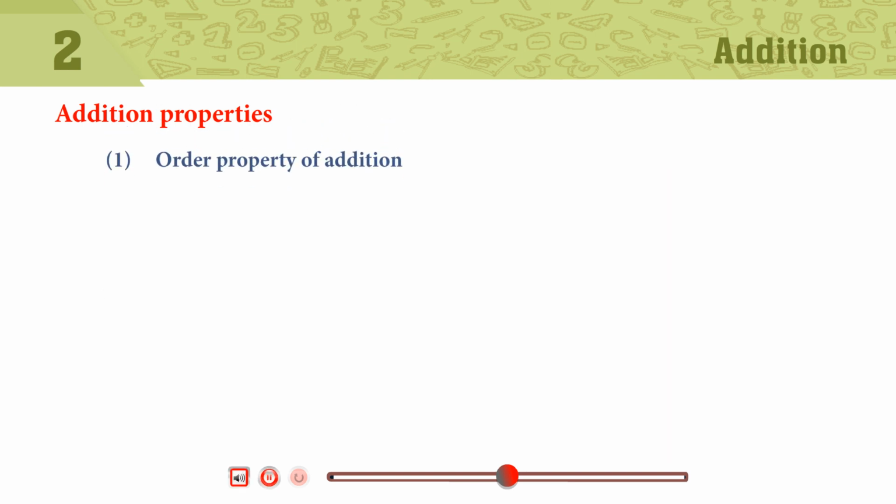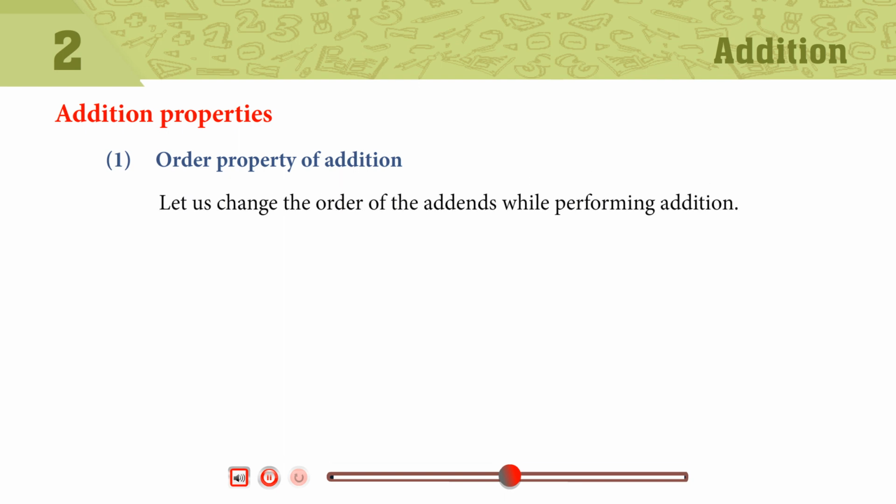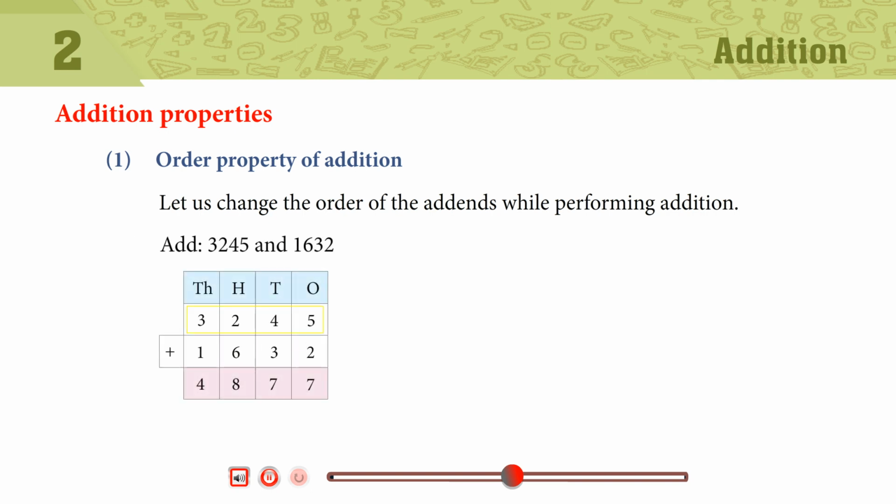Properties. 1. Order property of addition. Let us change the order of the addends while performing addition. Add 3,245 and 1,632. So 3,245 plus 1,632 is equal to 1,632 plus 3,245.